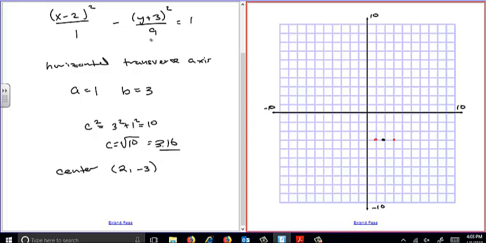In the y direction, I go 3 units. 1, 2, 3. 1, 2, 3. And it's a horizontal transverse axis, so that means that the vertices and the foci are this direction. So this 3.16 is going to be over here. So I go 1, 2, 3.16. I go 1, 2, 3.16. So those are my foci.